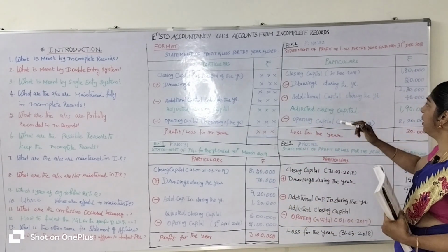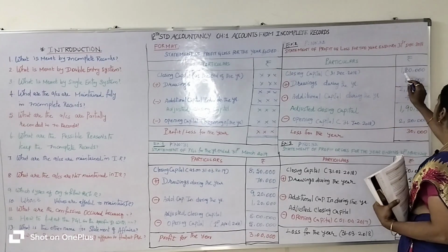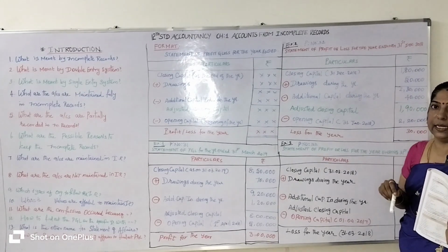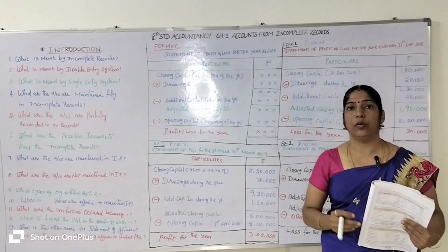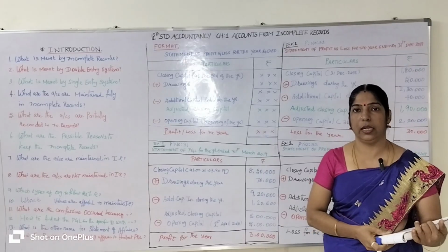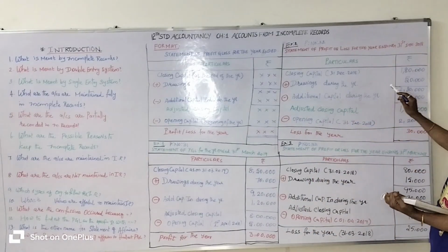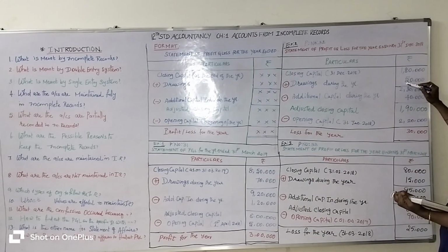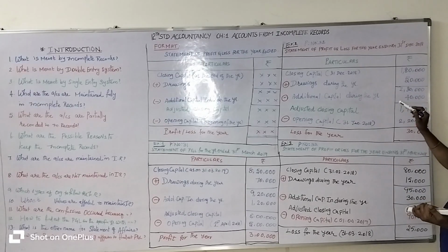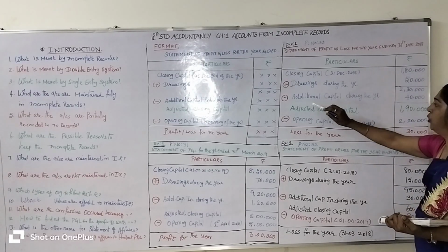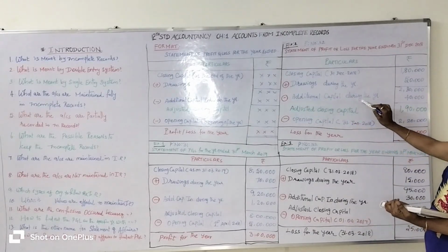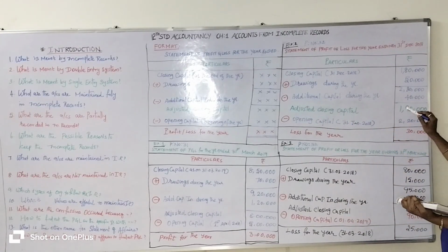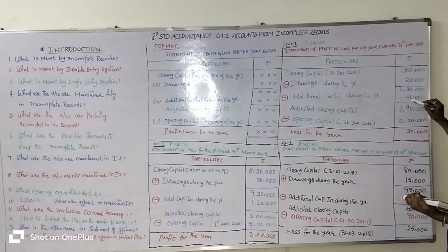So closing capital on 31st December 2018, 1,80,000 rupees, entered. With the closing capital we add drawings. Add drawings during the year 50,000, added together you will get 2,30,000 rupees. With that value you subtract additional capital introduced during the year, 40,000 rupees. After subtracting you will get 1,90,000 rupees.